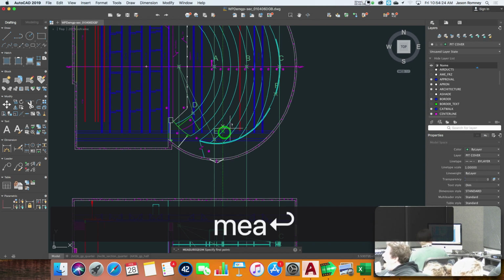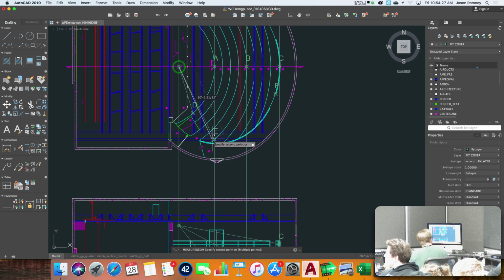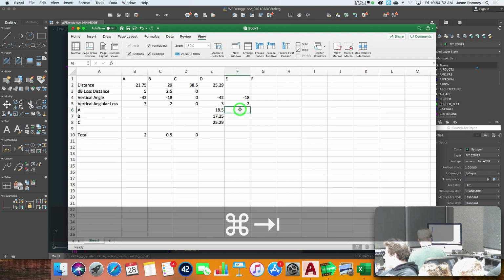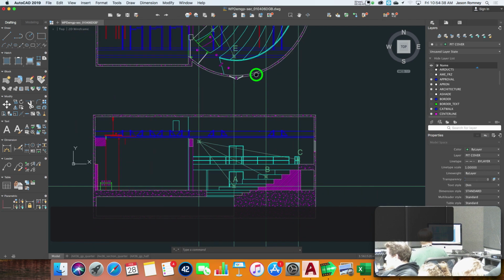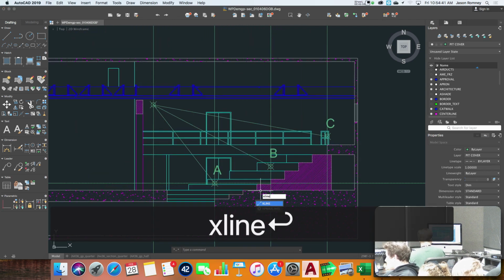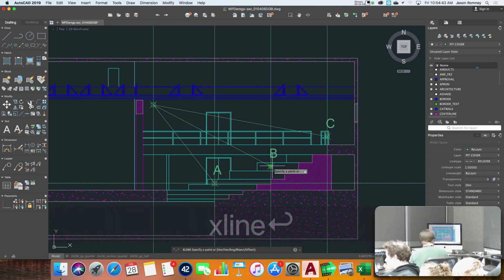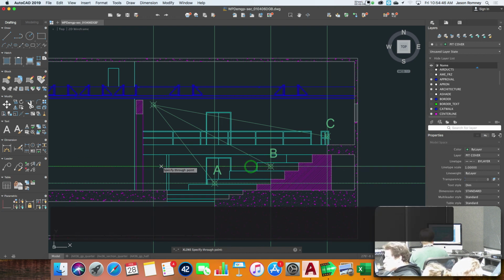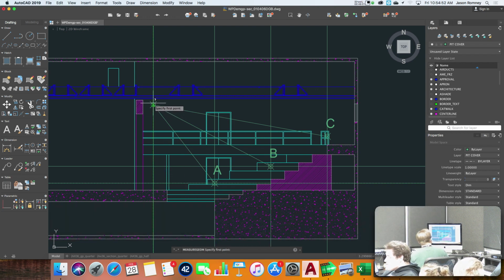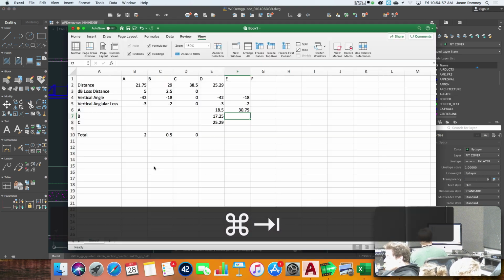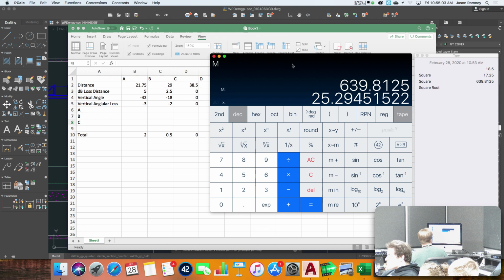30 feet 9 inches, so 30.75. My B is going to be 13 feet 6 inches, so 13.5 feet. Anybody do that math? On those two numbers? Jason? Yes?